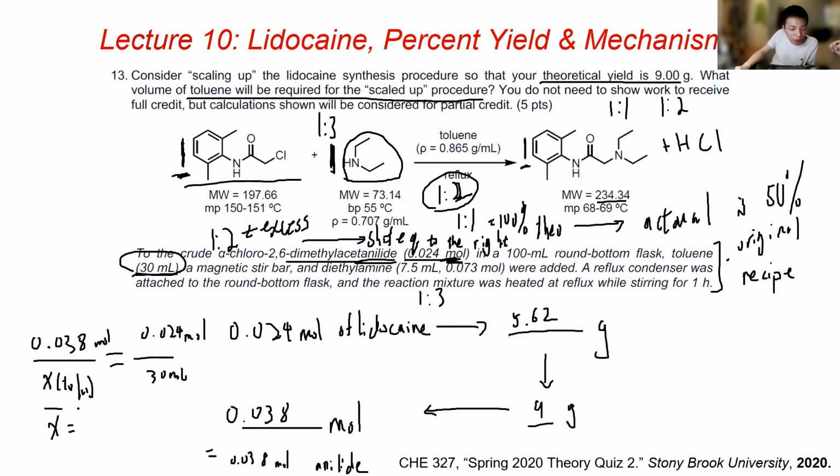And did anybody solve how many milliliters of the toluene you should use by setting up the ratio? Yeah, 48 milliliters. And that should be the same in the answer sheet, I hope. And you guys can always refer back to the slide I included.